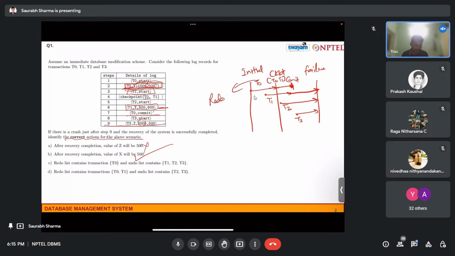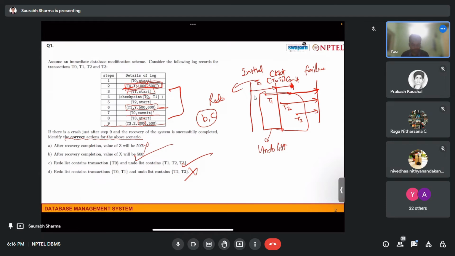Then if we see all these three, T1, T2, T3, all were in action, so these were not committed. There was no commit statement in the log record, so we take all these three to the undo list. Just see the options. C is telling the same, D is telling another one. So it is wrong. So the answer will be B.